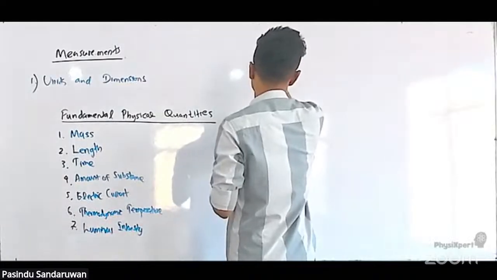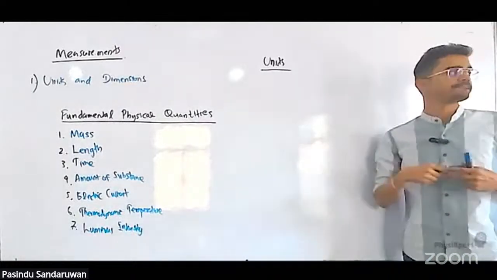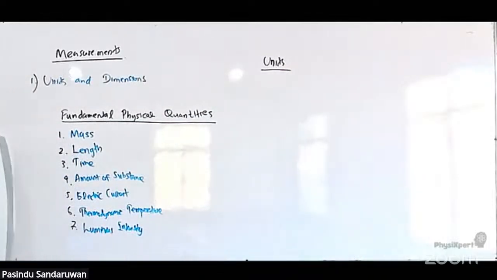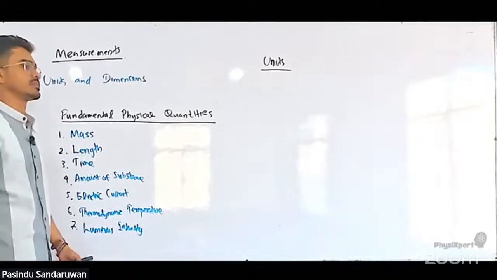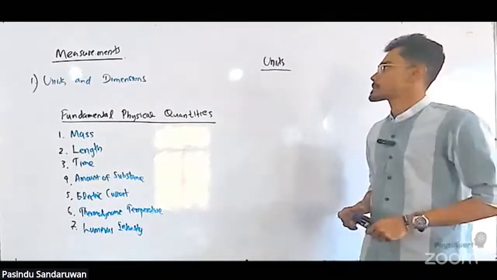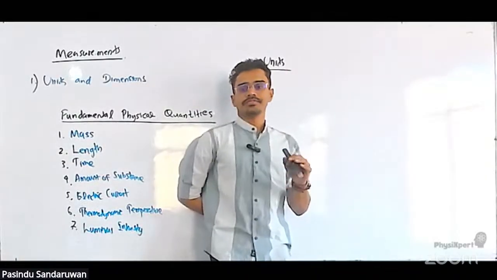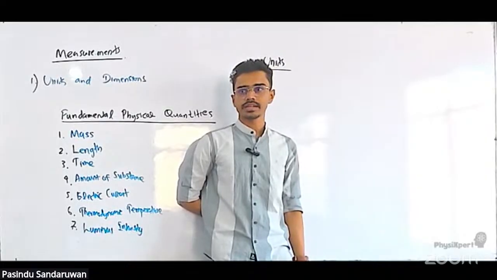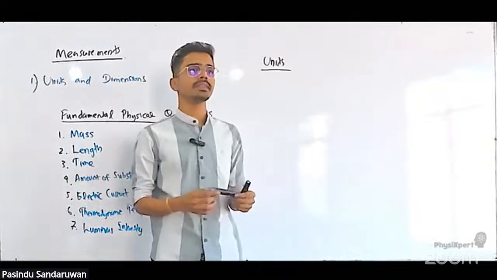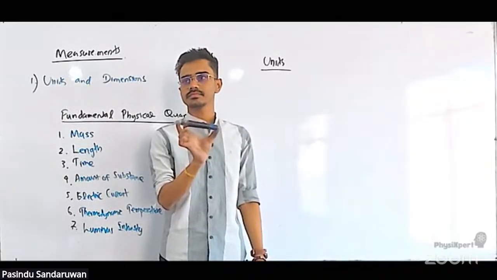Next, units. Okay. Listen. Units means something like this. If we are to measure a physical quantity, the number itself doesn't give any meaning. As an example, let's say length from here to here is 10.